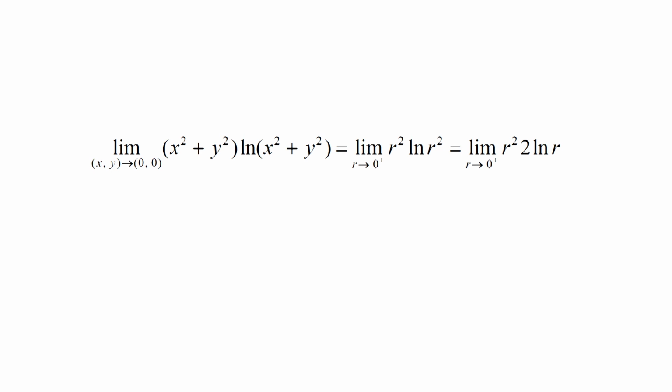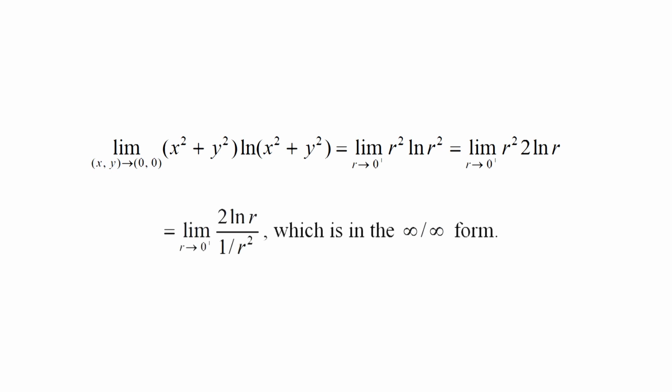Thus, the limit as (x, y) approaches (0, 0) of (x square plus y square) times ln(x square plus y square) is equal to the limit as r approaches 0 plus of r square ln r square, which is equal to the limit as r approaches 0 plus of r square times 2 ln r, which is equal to the limit as r approaches 0 plus of 2 ln r all divided by 1 by r square, which is in the infinity by infinity indeterminate form.